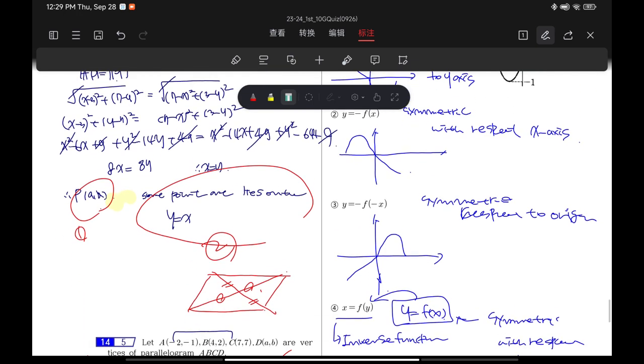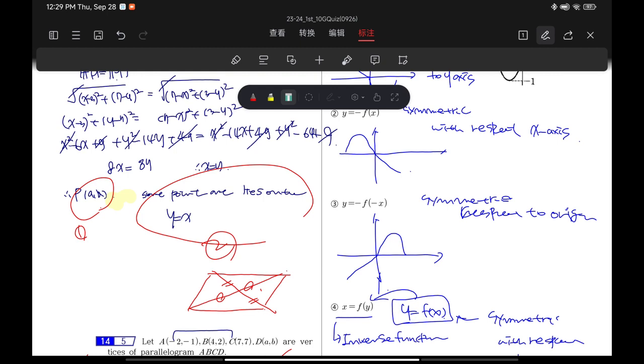And number 3 means y equal -f(-x), symmetric with respect to the origin. So it means it doesn't matter the order. If you fold the y-axis and then the x-axis, or the x-axis and then the y-axis, it doesn't matter.